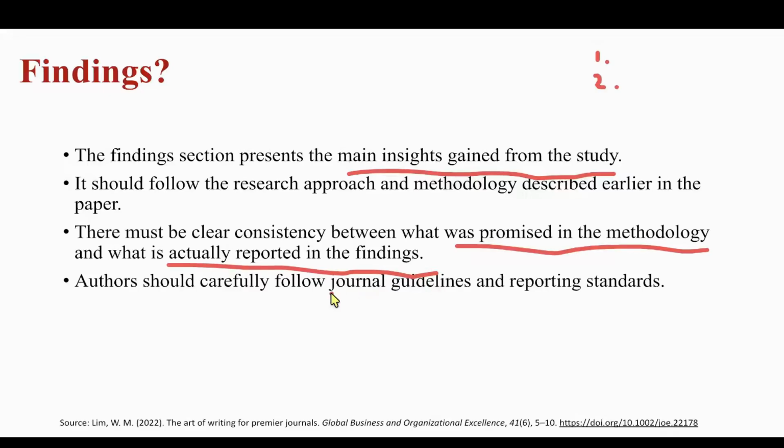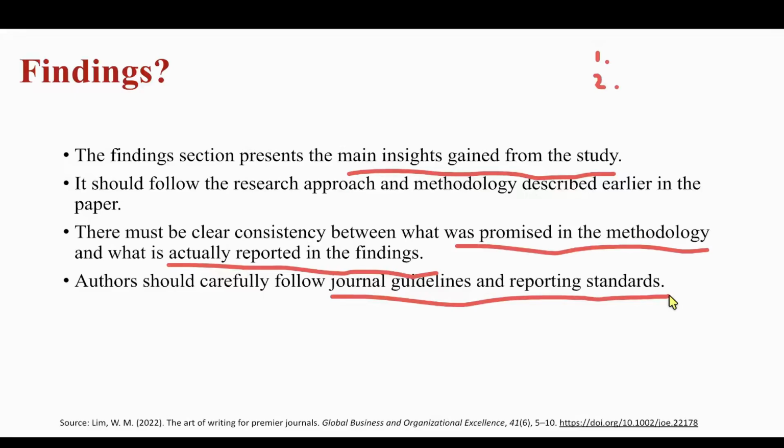Next, the author should carefully follow the journal guidelines and the reporting standards. Sometimes we feel unsure about how to report the methodology and the findings. Usually there is a systematic way, a process we follow in the methodology, and exactly the same way we do it in findings, as I have just indicated, with the tables, figures, and what we have found out.